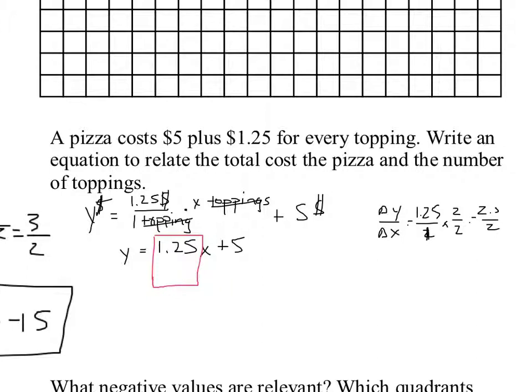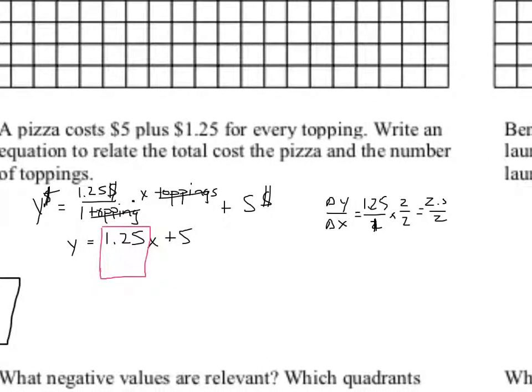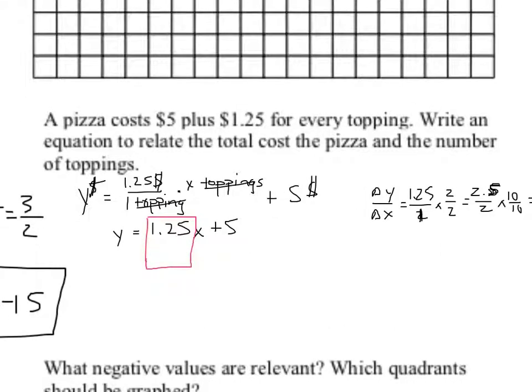So that didn't quite get us where we needed to be, but we can take it one step further. I've got 2.5 over 2, and what can I multiply now to actually get it where I really want it to be? If I've got 2.5 over 2, we can come over and write this as y equals 5/4 x plus 5.